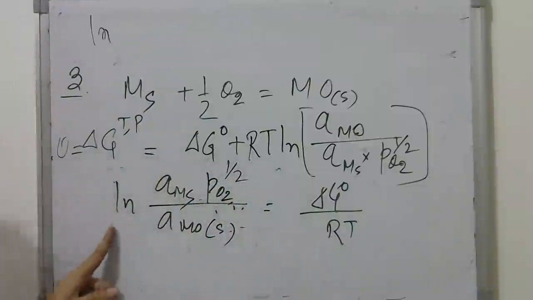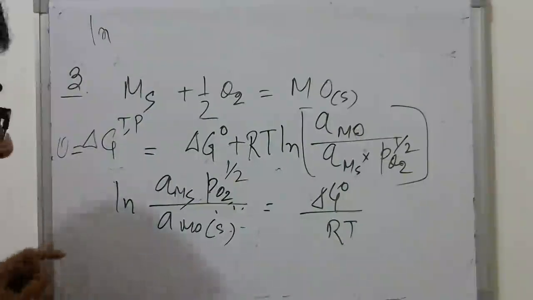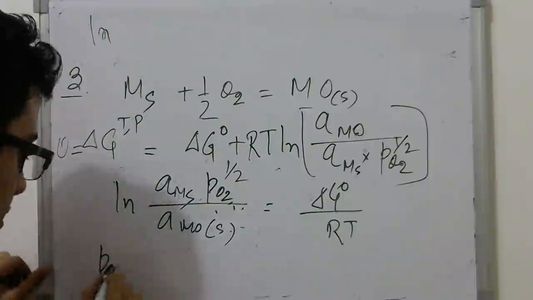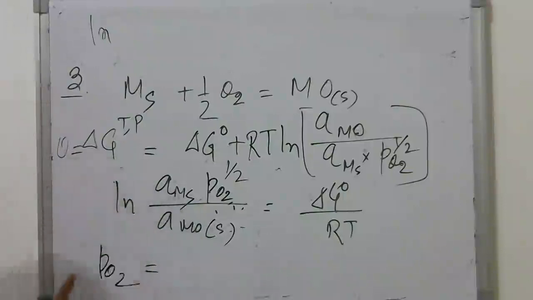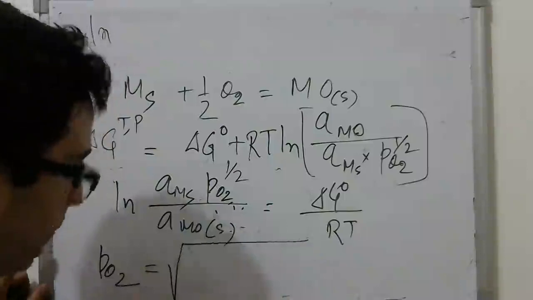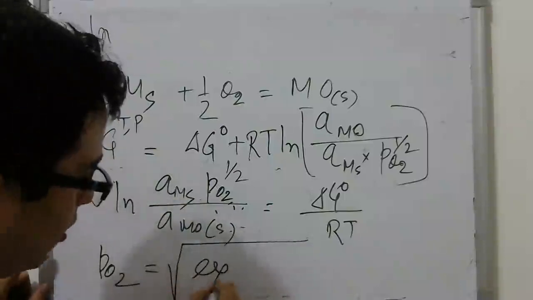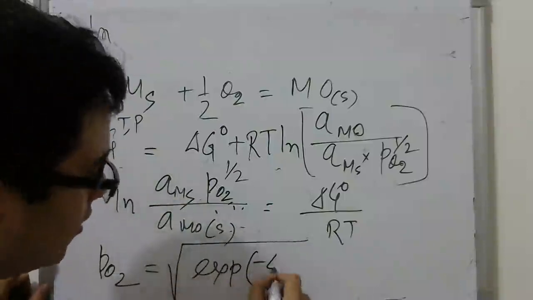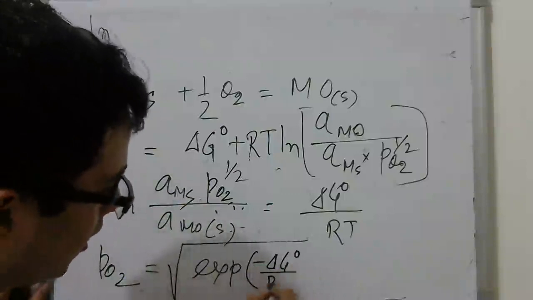If I substitute AMS and AMO as 1, if the activities are 1, then the expression for partial pressure to maintain equilibrium becomes the square root of exponential minus ΔG0 by RT.